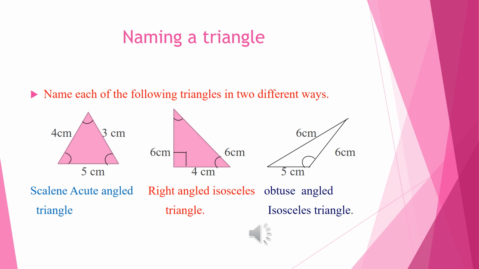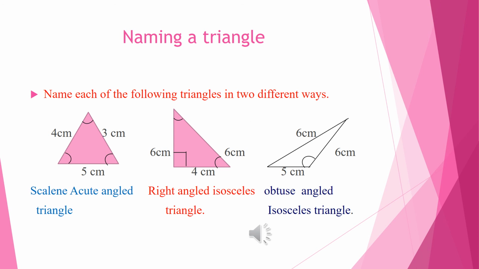In the second triangle, one side is unequal and the other two sides are equal, so it is an isosceles triangle. And since one of the angles is a right angle, it is also a right angle triangle, so we name it as right angle isosceles triangle.